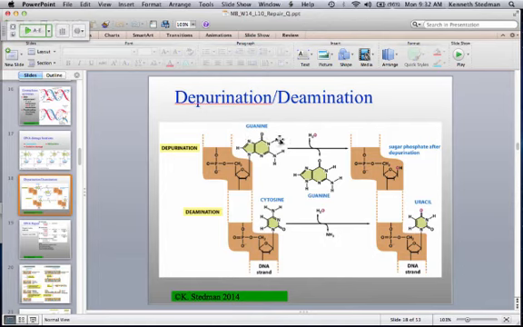Depurination, have a guanine, hydrolysis. Now you have your ribose that doesn't have a base on it anymore. The other case, deamination of cytosine. Here, lose this amino group, and what happens is your cytosine actually gets changed into uracil.